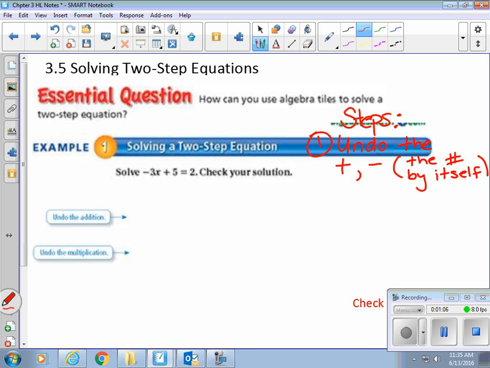After you get rid of the addition or subtraction, step 2 will be to undo the multiplication or division part. And that will always be the number attached to the variable.